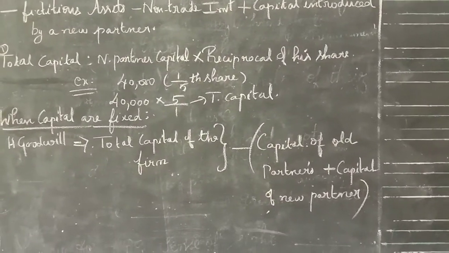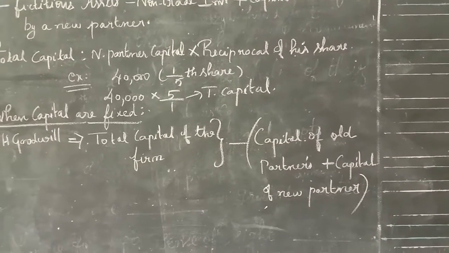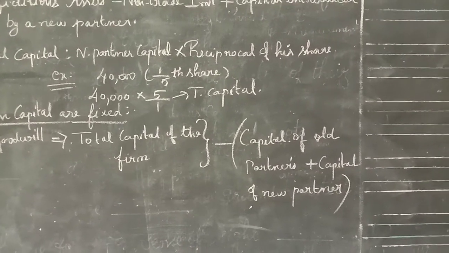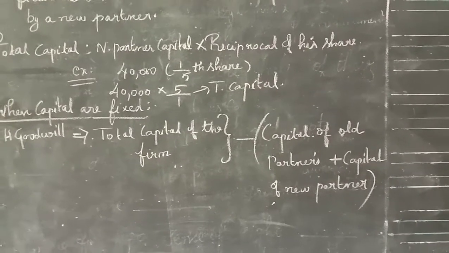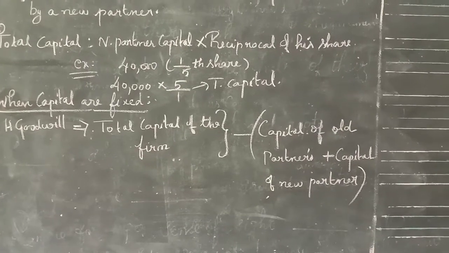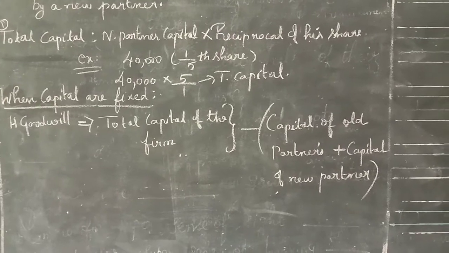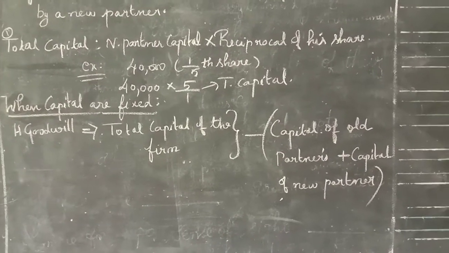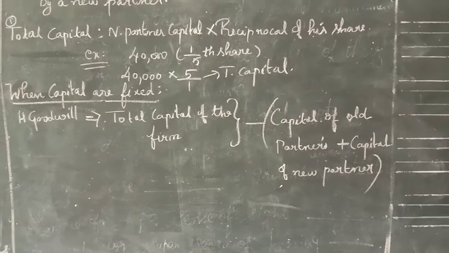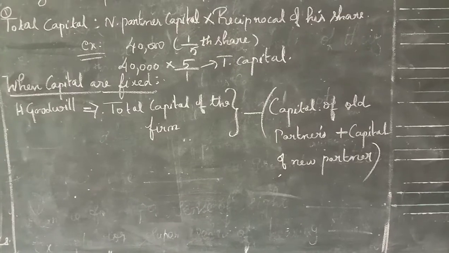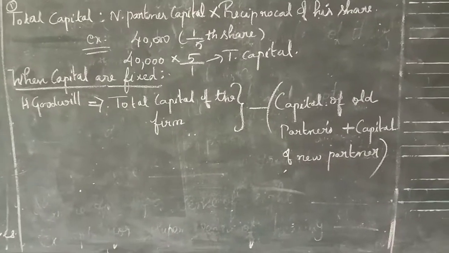See the formula: the total capital of the firm equals the new partner's capital into the reciprocal of his share. For example, if the new partner is bringing 40,000 as his capital with a 1/5 share, then as per the formula we use 40,000 into the reciprocal of his share.